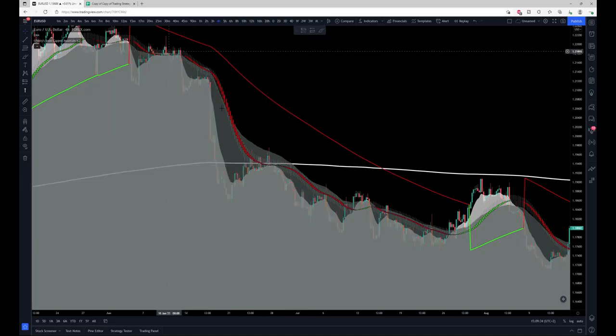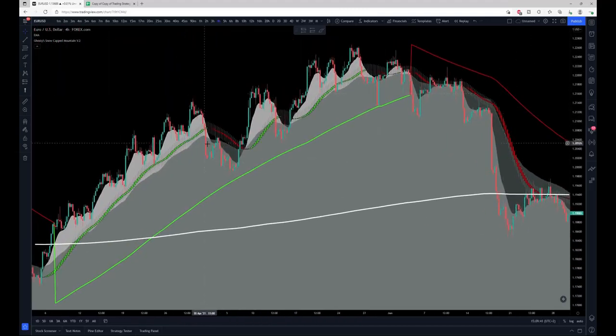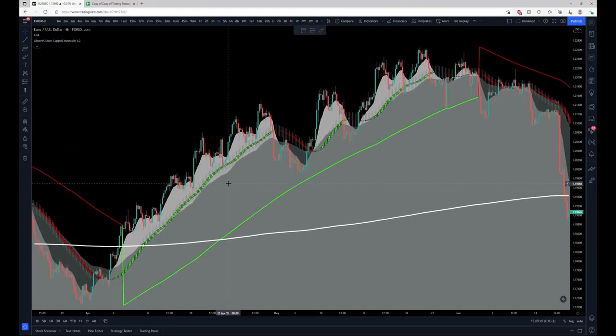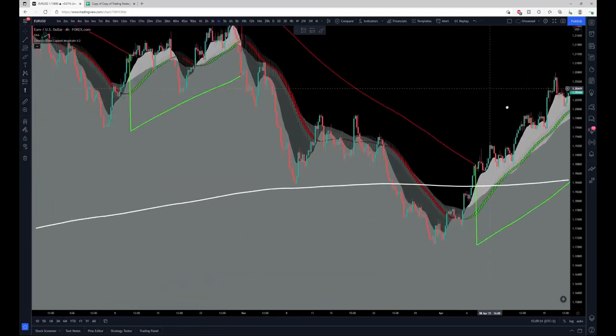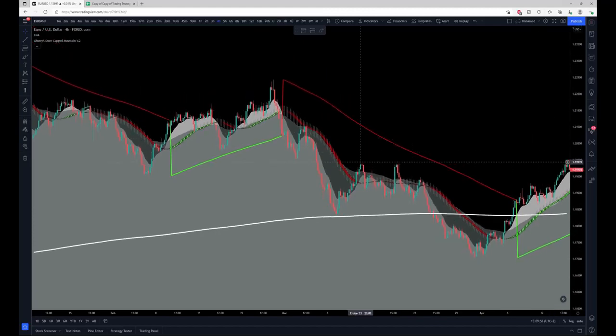Get in on these pullbacks into these smoothed trend candles. I believe that is going to be the best way to trade with it. Although, of course, I would recommend using a multi-time frame analysis, using some divergence to really spot the end of these pullbacks. But using it as a trend direction indicator seems to be great. Just wouldn't use it as an entry indicator myself.